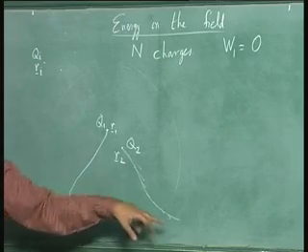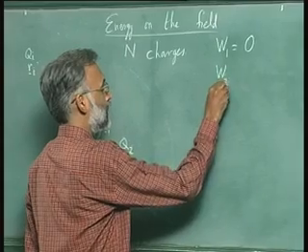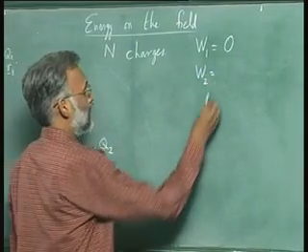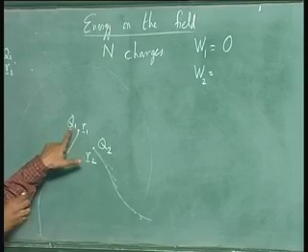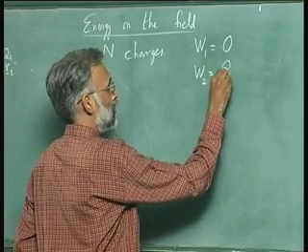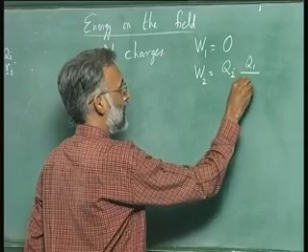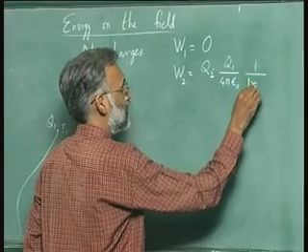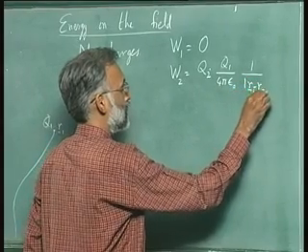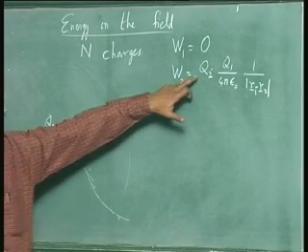So Q2 does work. How much work? Well, Q2 does work W2 equal to Q2 times the electric field due to Q1, so Q2 times Q1 over 4 pi epsilon naught 1 over magnitude R1 minus R2. This is Q2 times phi.